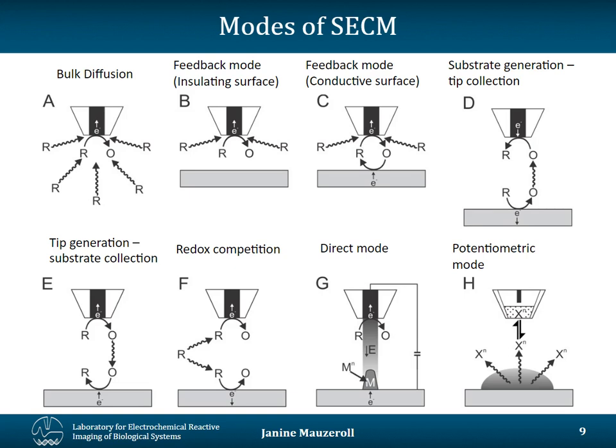So on this slide, I'm trying to showcase that there are different types of modes of SECM. If we look in panel A, on the top, you have the microelectrode and you see R and O, which are our redox species in solution. The R demonstrate that there is a hemispherical diffusion of the species to the electrode surface.